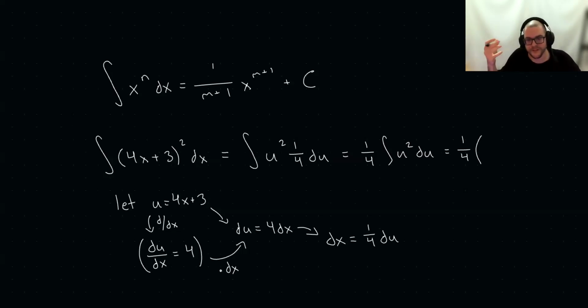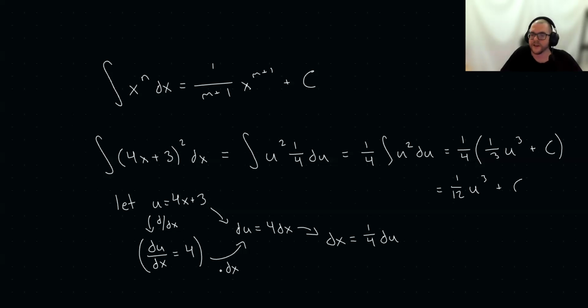That's the only thing that's different, that one has x, the other has u. But regardless, I can use it and say that the integral of u squared is 1 on 3 u cubed plus a constant. And so that's 1 on 12 u cubed plus a constant.